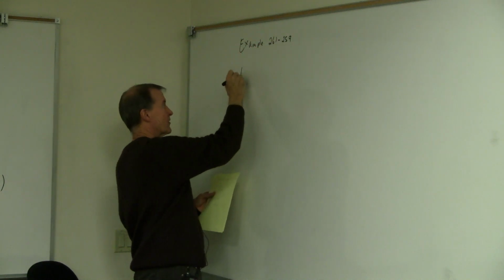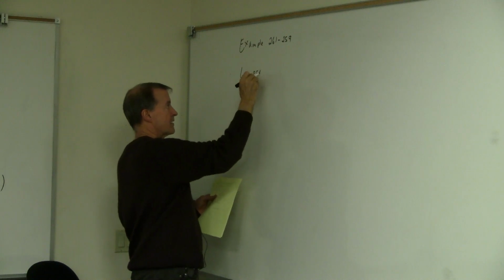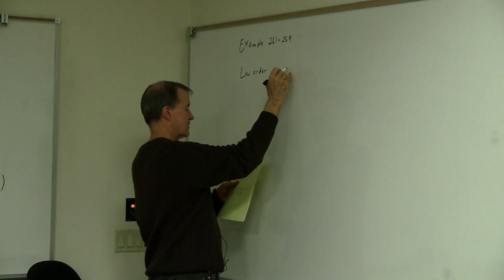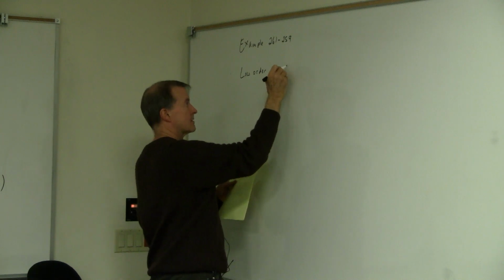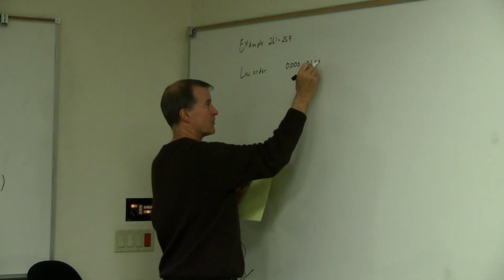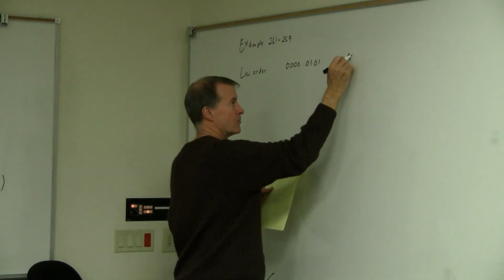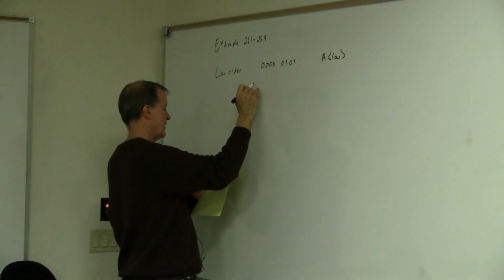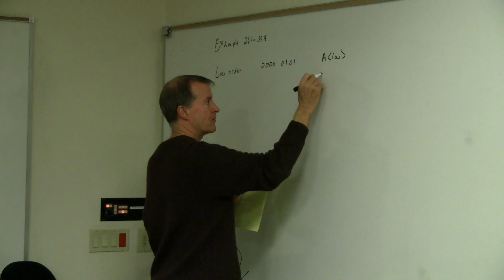So what's the low order? The low order would be 0, 0, 0, 0, 0, 1, 0, 1. So here's our A low, right? And then B bar low would be what?